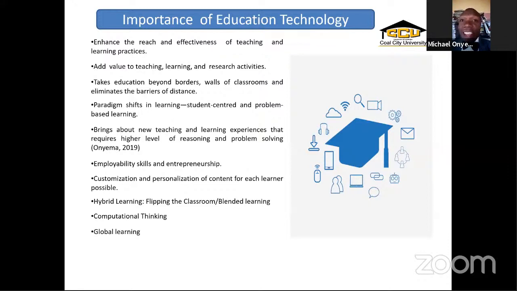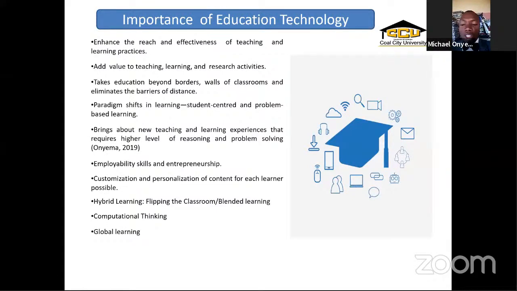People can do CCNA from anywhere. They can do Oracle and a whole lot of other professional courses, Cisco and the rest of them, Microsoft Azure and the rest of them. People can do it from the comfort of their zone, and the employability skills can improve because employers are looking for these professional courses. And of course, entrepreneurship. Students can work and study using technology, the concept of distance learning. Distance learning and online learning are made possible with this education technology.